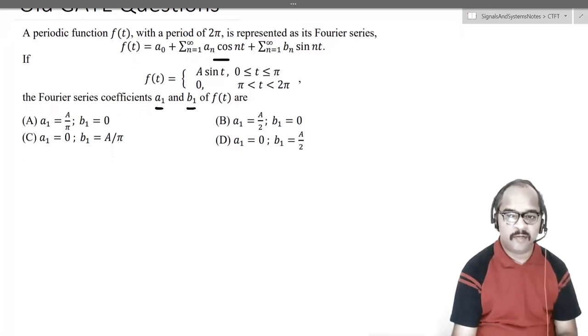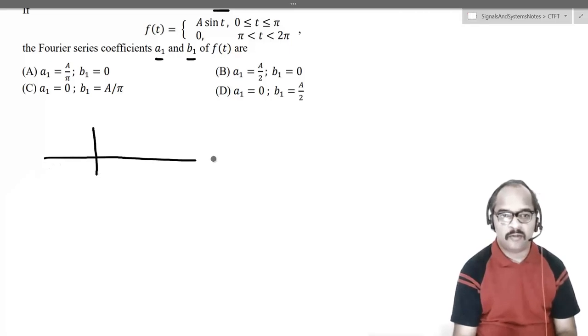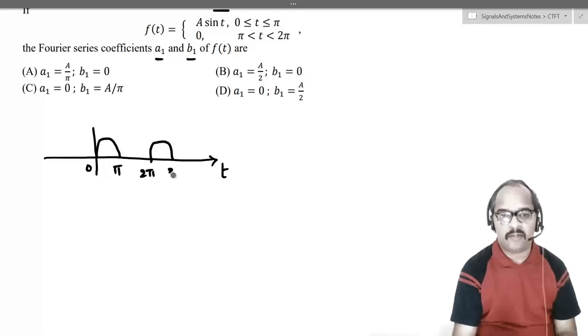Yes. So let us try to plot the function. The function looks like this. That function is what? A sin t. So it looks like this. This is 0 to pi, and from pi to 2 pi it is 0, and again it is this. This is 2 pi, then this is 3 pi, and then 4 pi, and the function goes on like this.